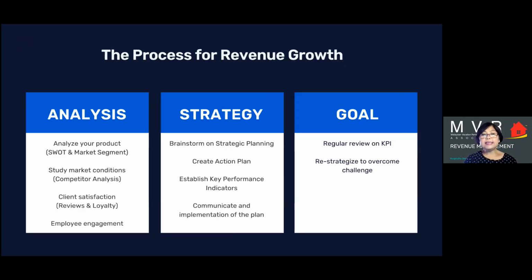So the analysis will be analyzing your product, your SWOT and market segmentation, and studying market conditions. Then, of course, you study competitor analysis, client satisfaction, review and loyalty, and employee engagement. Your strategy will come after you know all this analysis.